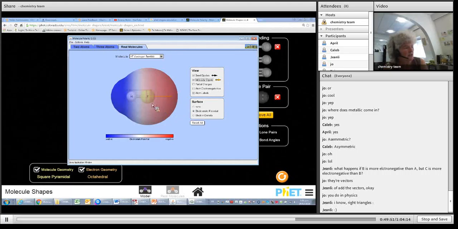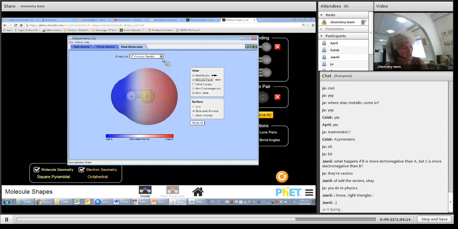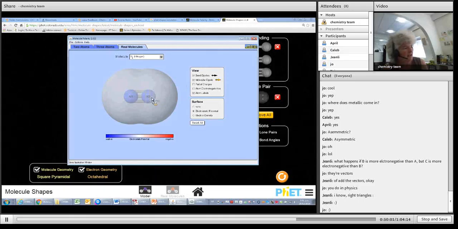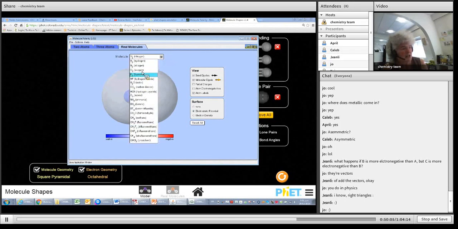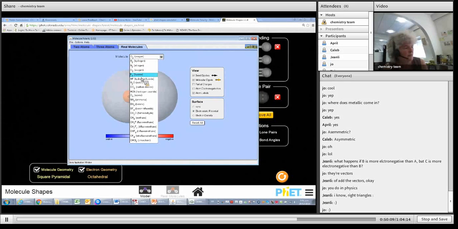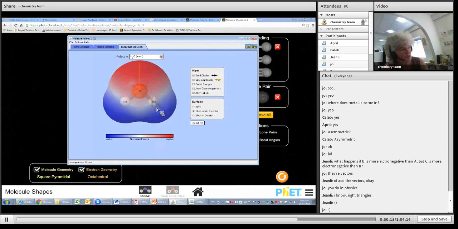And if I go through it, nitrogen, there is no bond dipole at all, because there's equal sharing. And the same thing for oxygen, equal sharing. So those are all non-polar, no molecular dipole. If I go to water, can you see hydrogen is less electronegative than oxygen?